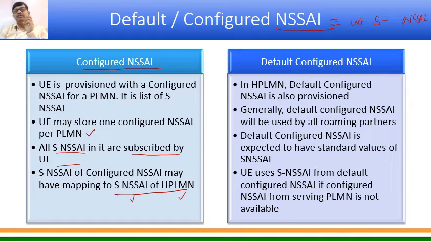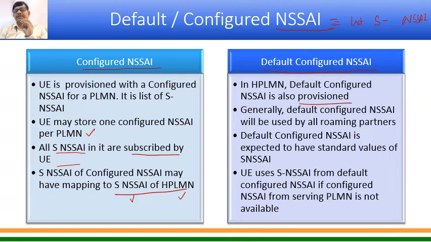Then what is the default configured NSSAI? What is the list of slices which is called default? Generally the default NSSAI will be for the HPLMN itself. So this provisioning happens for the PLMN the UE belongs to. And the default one would be common to multiple PLMNs, right?